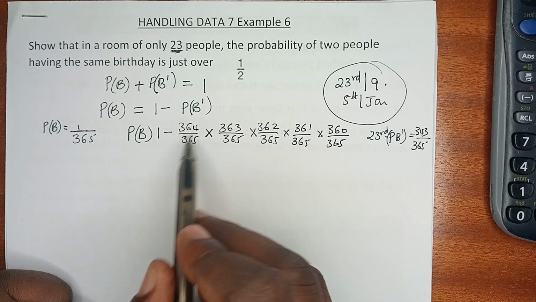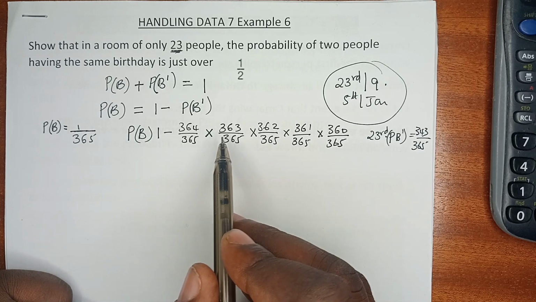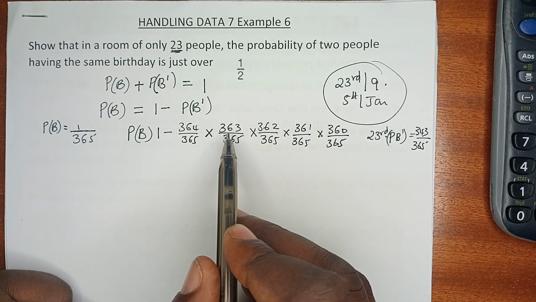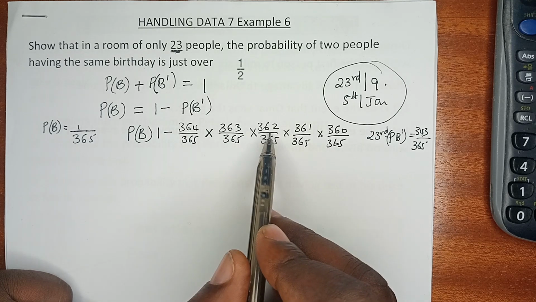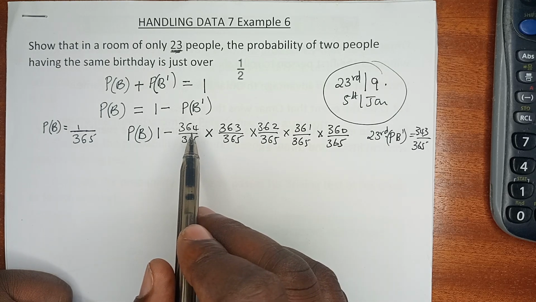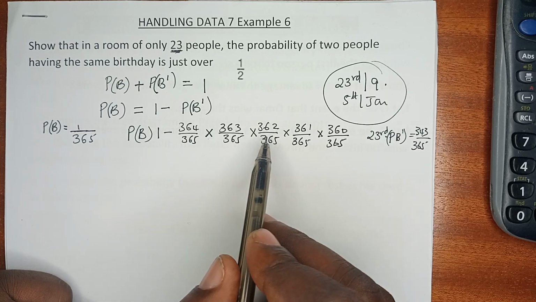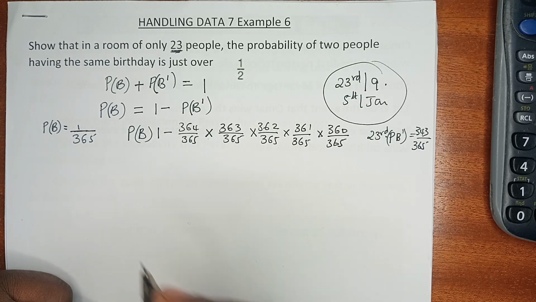And this is the probability of the second character not sharing the birthday with the first character, and the third character not sharing the birthday with any 2, and the fourth character not sharing the birthday with any 3. And of course, we can talk about the second person and the third person and the fourth person and so on and so forth.